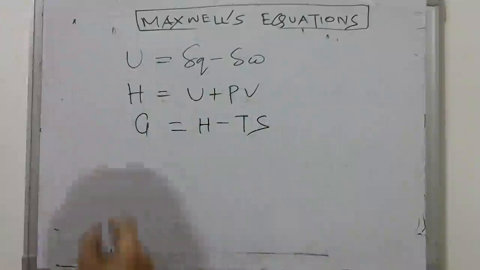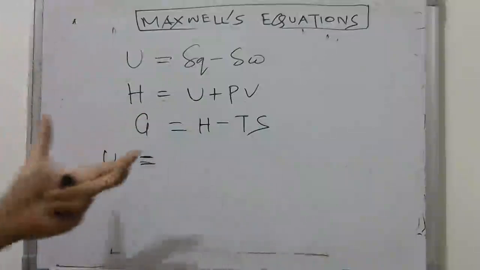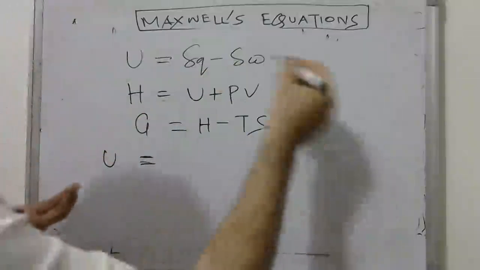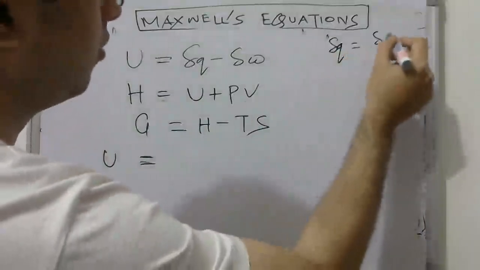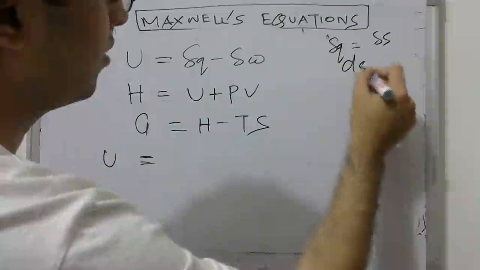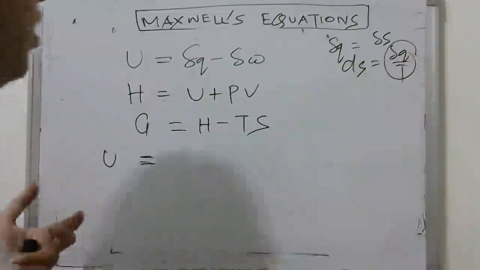Let's see how. We have written that del S is nothing but del Q by T. So del Q is basically TdS.